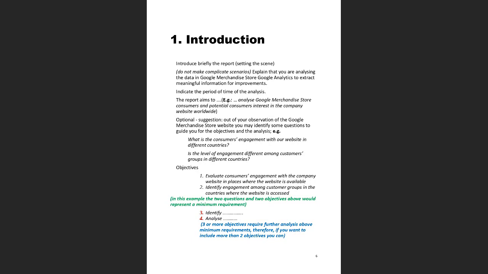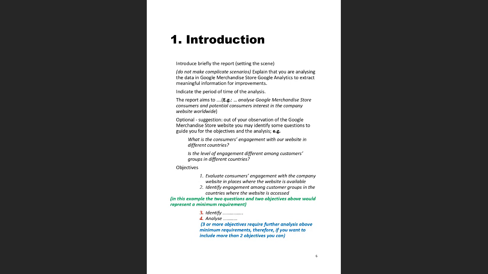It depends on how you explain the concept. We are talking always about that. It is your understanding that counts, okay? 2 objectives is the minimum requirement. You can have a look at what it is in the marking criteria.